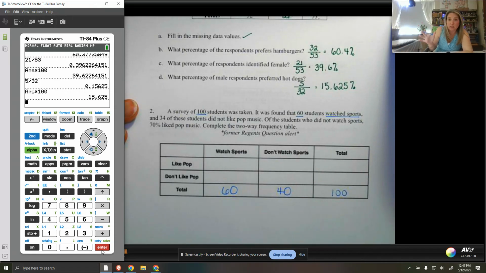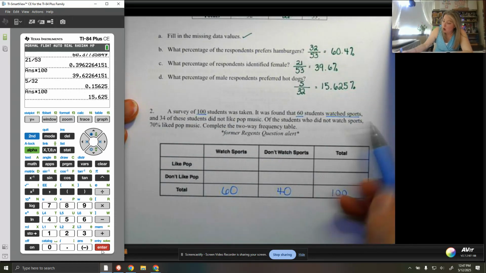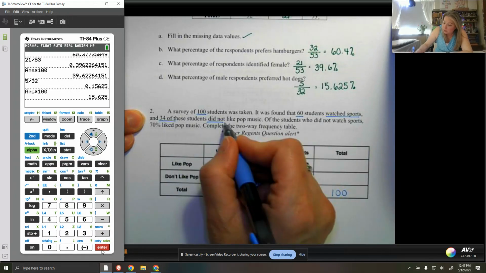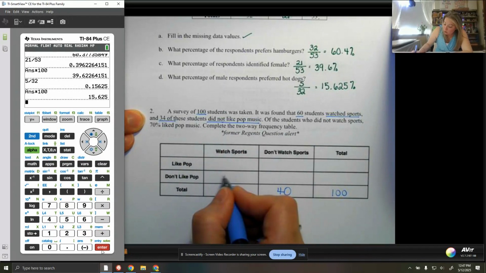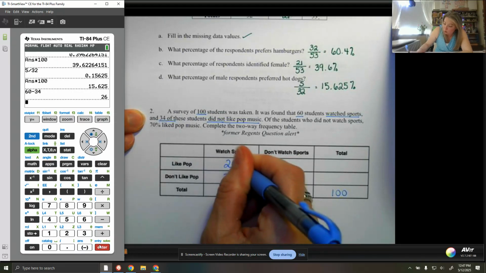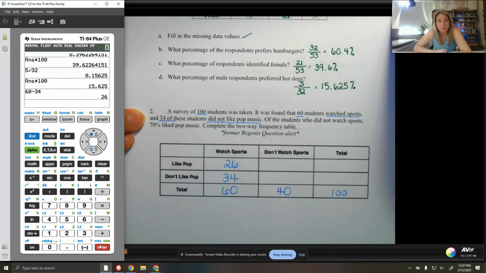Okay, so there's one less thing I have to worry about. Of these who watch sports, 34 did not like pop music. So another nice easy backwards: 60 minus 34 gives us 26 students who watch sports and like pop music.